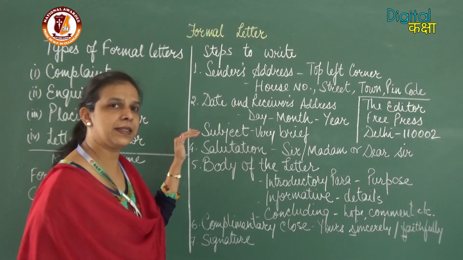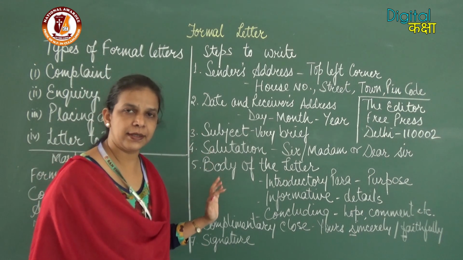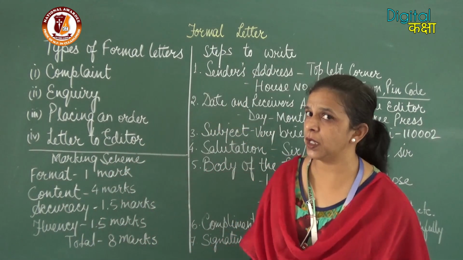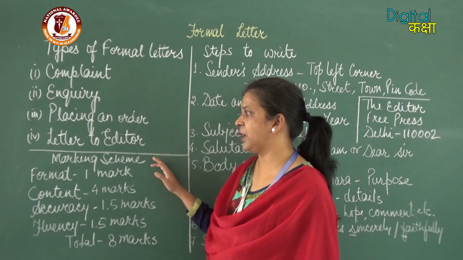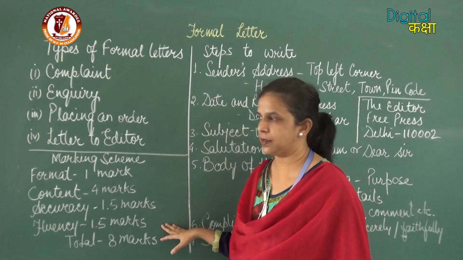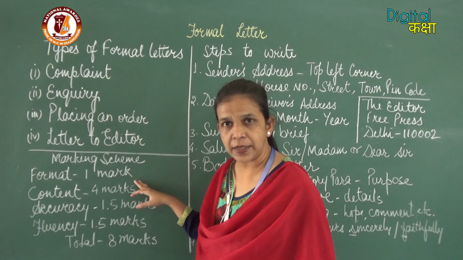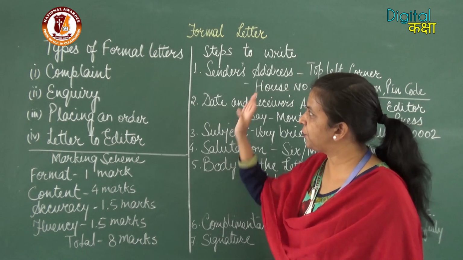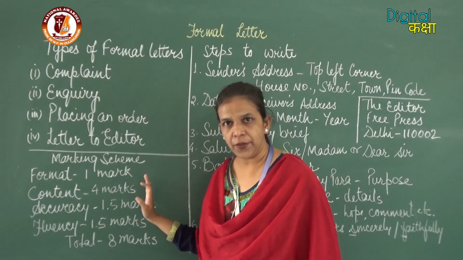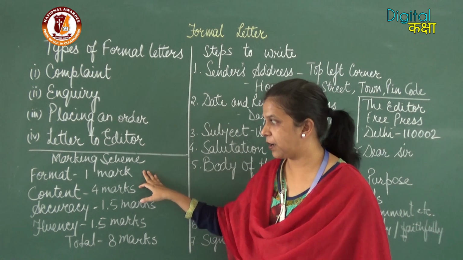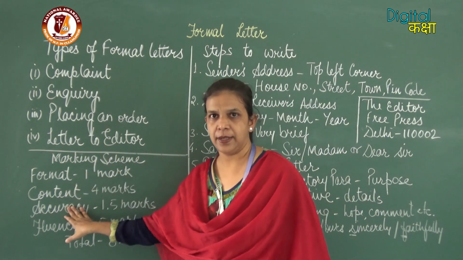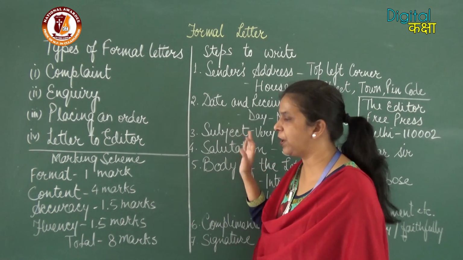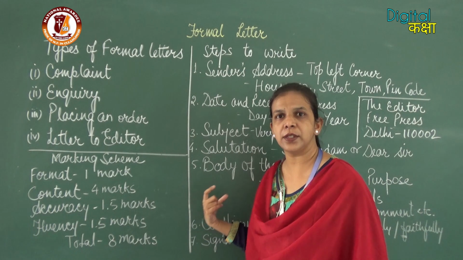This is the sequence in which the letter is written. Let me talk here about the marking scheme of this particular question. This question is divided into 4 parts. Format includes all 7 points we have discussed just now. If you are writing it properly, you get 1 mark for the format. Content contains 4 marks. That is the body of it. What are the things you are including?